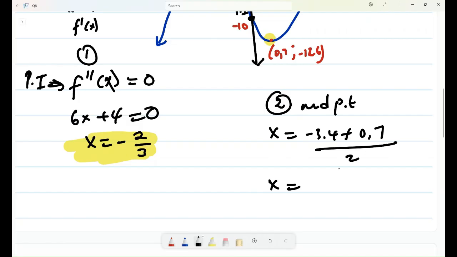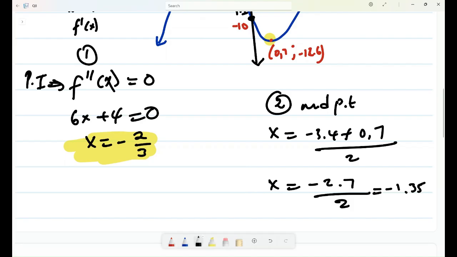Negative 3.4 plus this, negative 2.4, 2.7, I think, divided by 2. Then negative 2.7 divided by 2 is negative 1 point, something like 3.5.